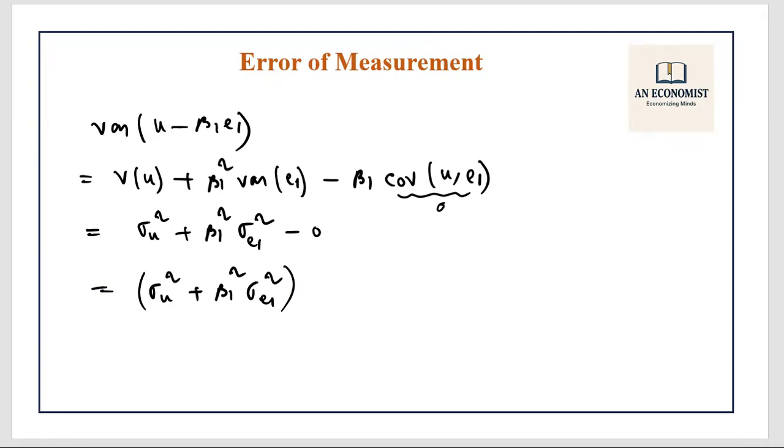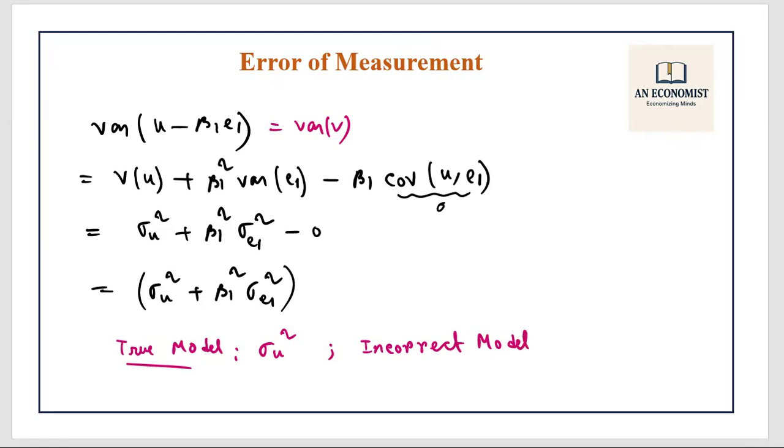This is basically the error variance. In the true model, the error variance was sigma U squared only, because U was the stochastic error term. But in this model, this is basically the variance of V. We are finding the variance of V in the incorrect model. In the incorrect model, this is coming out to be sigma U squared plus a square quantity, beta 1 squared, times sigma E1 squared.